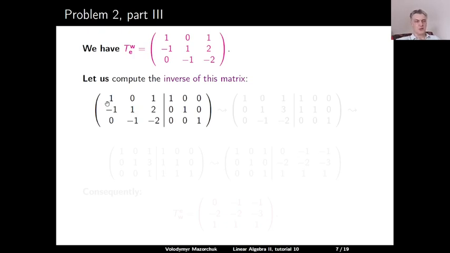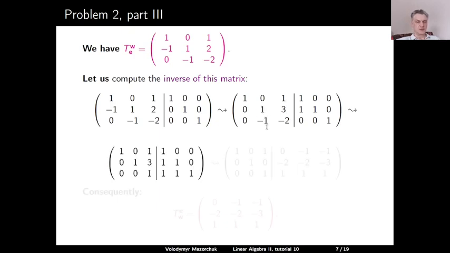So we add row 1 to row 2 to kill this minus 1. So row 1 and 3 remain the same, and row 2 becomes 0, 1, 3, 1, 1, 0. Now we can add row 2 to row 3 to kill this one. Rows 1 and 2 remain the same, and row 3 becomes 0, 0, 1, 1, 1, 1.